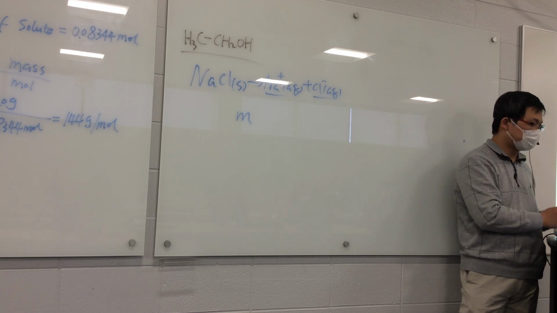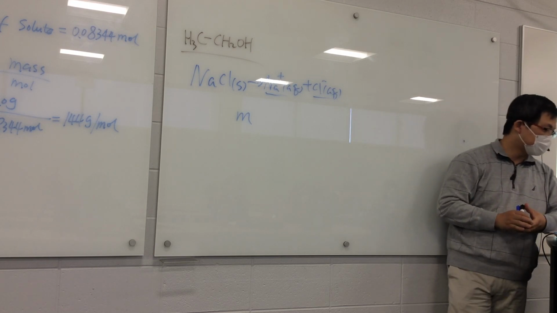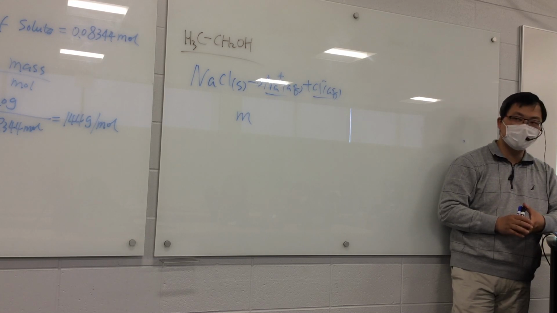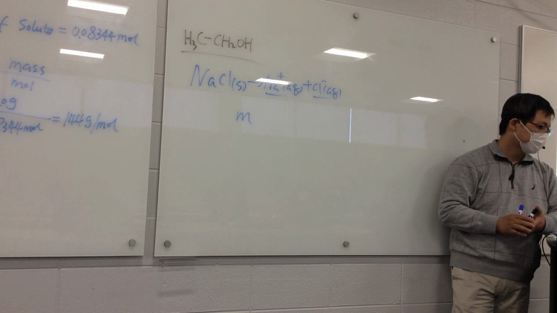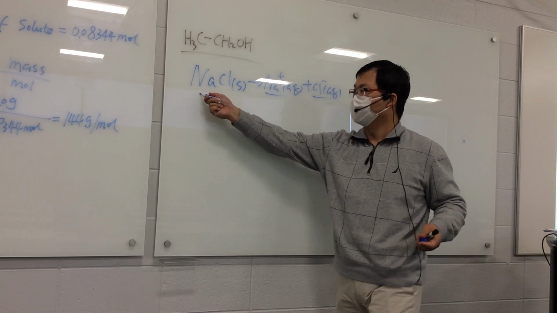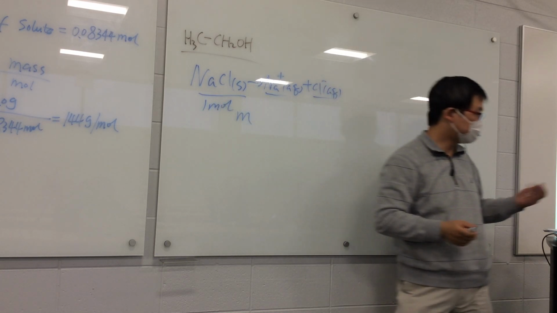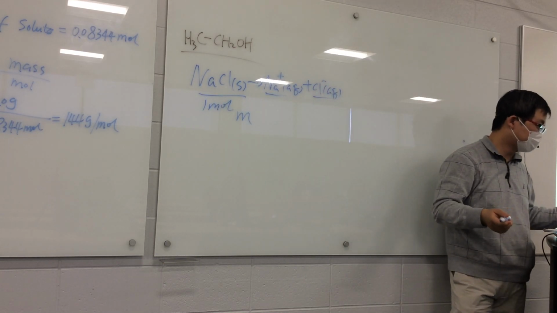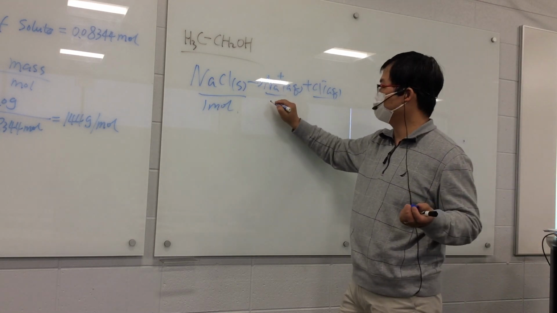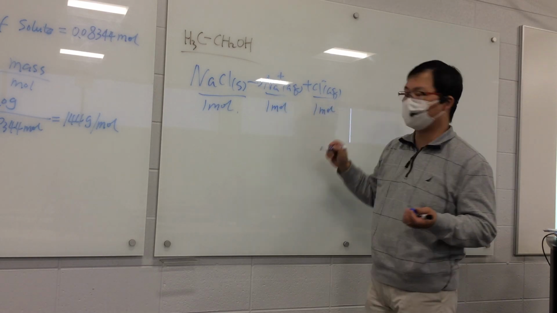Van Hoff factor. So Van Hoff factor refers to the ratio of solute particles in solution to the number of formula units dissolved. Theoretically, if we have 1 mole of sodium chloride, this is the number of mole units, right? 1 mole of unit. And then in solution, we have 1 mole of sodium ion and 1 mole of chloride ion.